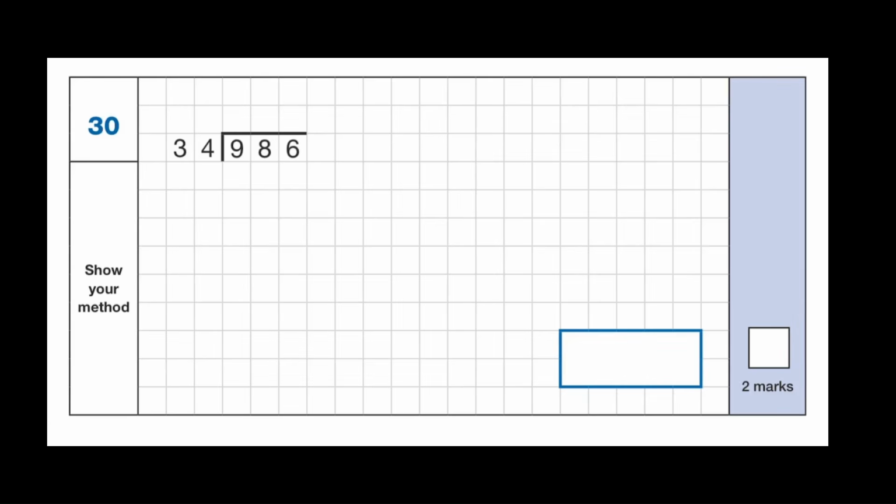Now you're going to have a go at 986 divided by 34, so pause the video now and have a go. I'm going to start off by writing out the multiples of 34, just to make this easier for me.